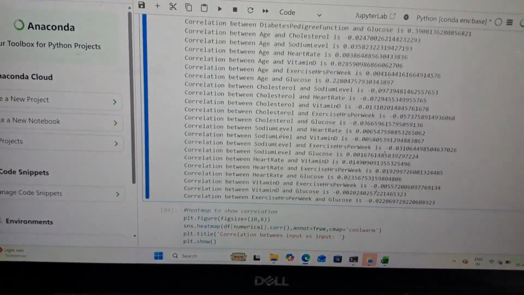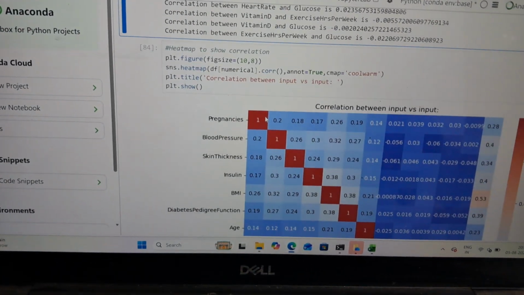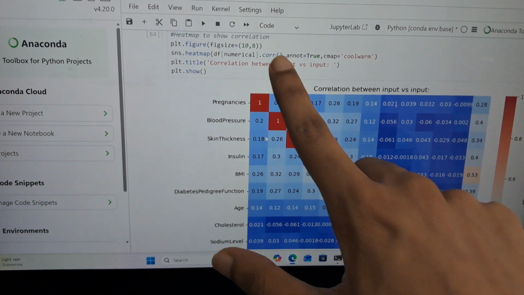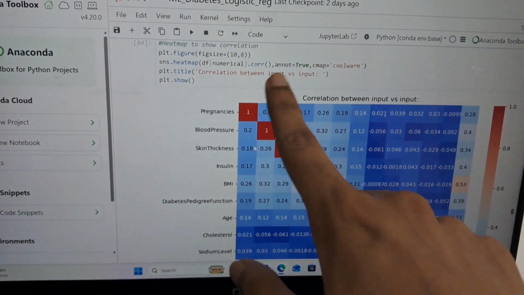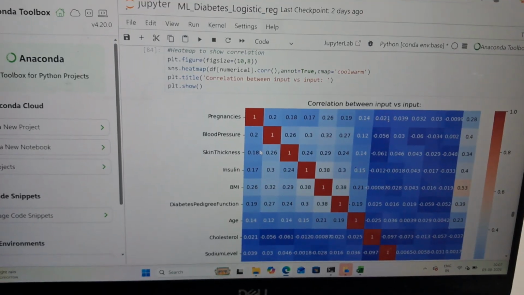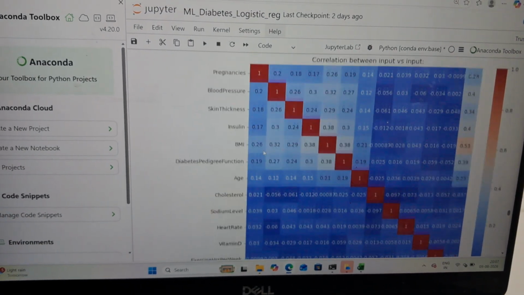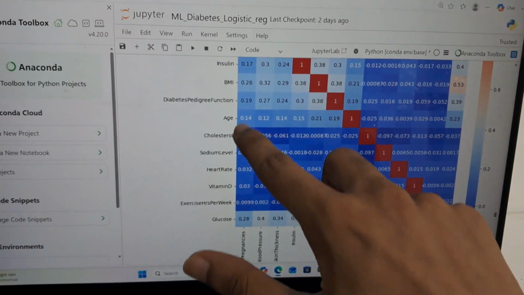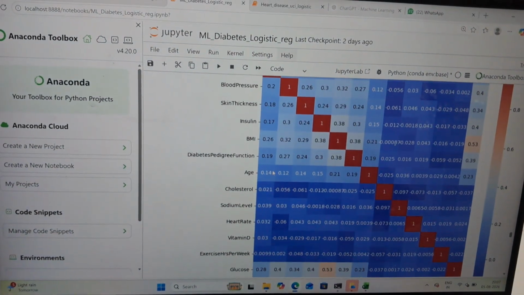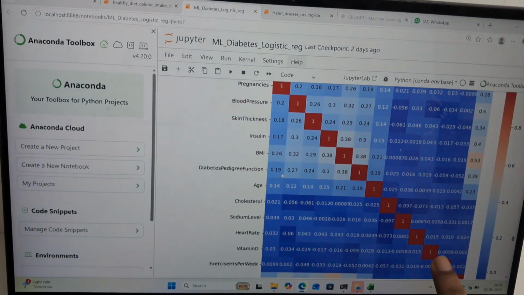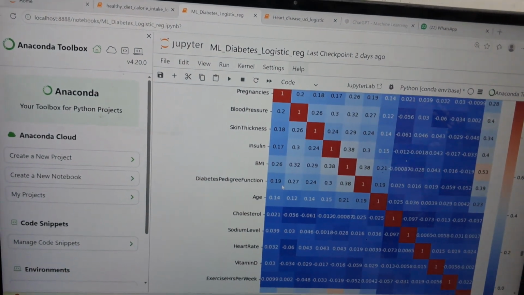And the same correlation you can also observe visually by using a heat map. So this is the heat map. CORR means correlation, annot means annotation, labels, and cmap is coolwarm, meaning color. From this I can observe: pregnancy versus pregnancy is obviously 1, highly related, since pregnancy is related to pregnancy itself.